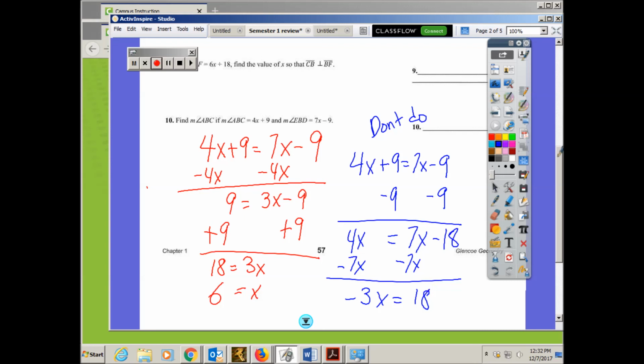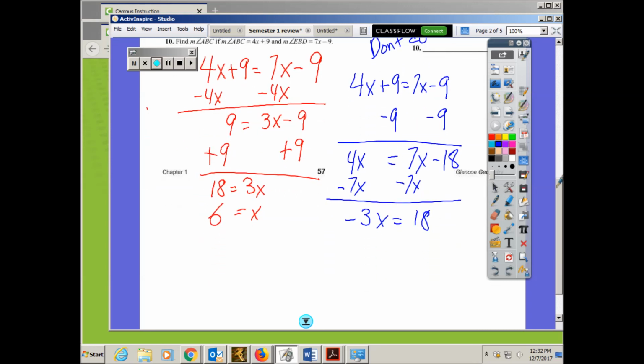Or exactly what I did here, right? It's a negative 18, but they forget to bring down the negative. Or even if they bring down the negative, because there's a negative there, they end up going with x equals negative 6.